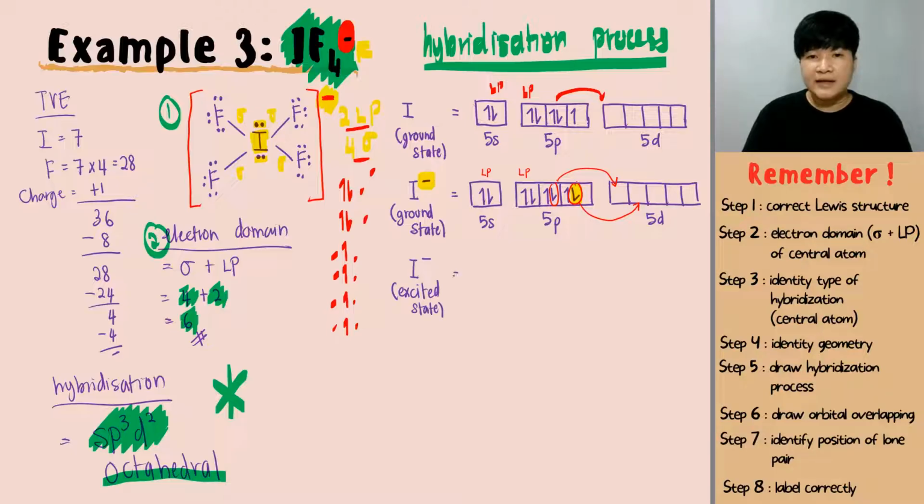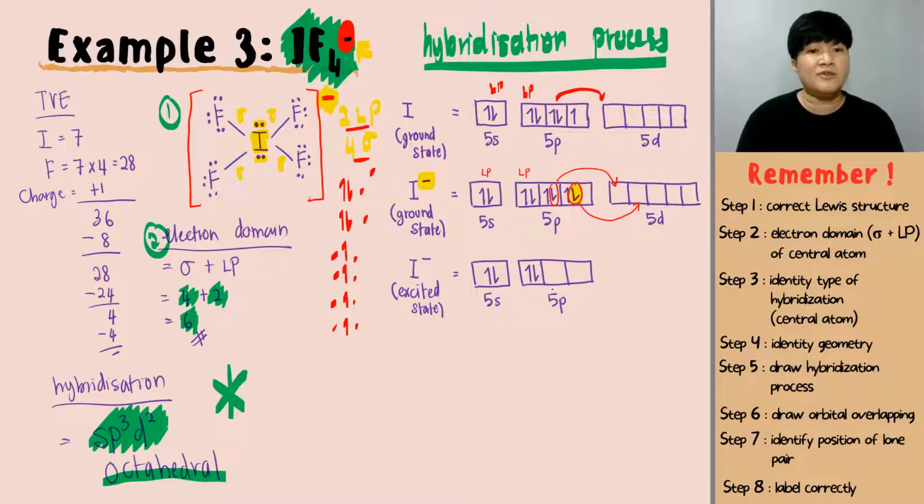With the I minus excited state, your 5s that is holding the pair of electrons will remain unchanged because that is my first lone pair. Your 5p over here, the first box will also remain unchanged, having a pair of electrons that is our second lone pair. And then the second orbital of your 5p will change to a single unpaired electron.